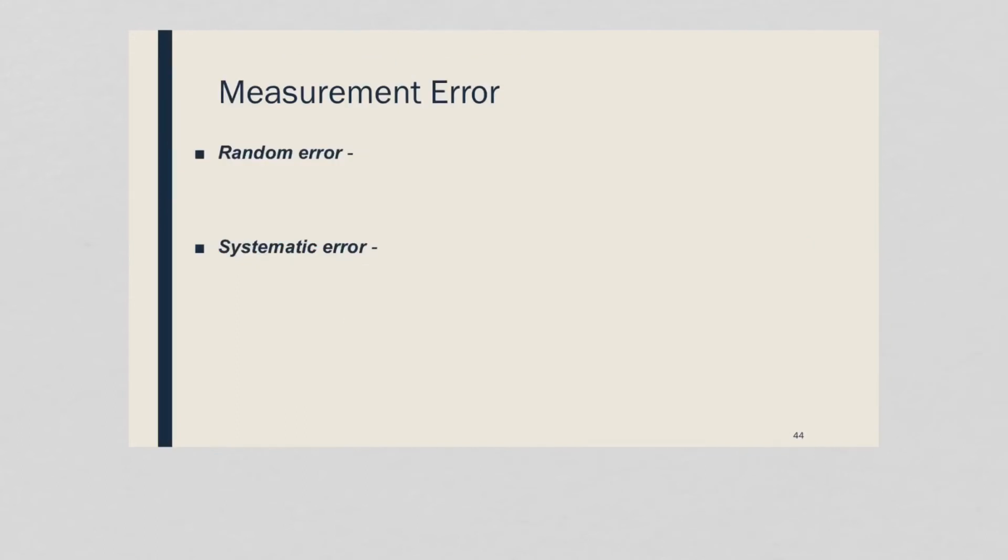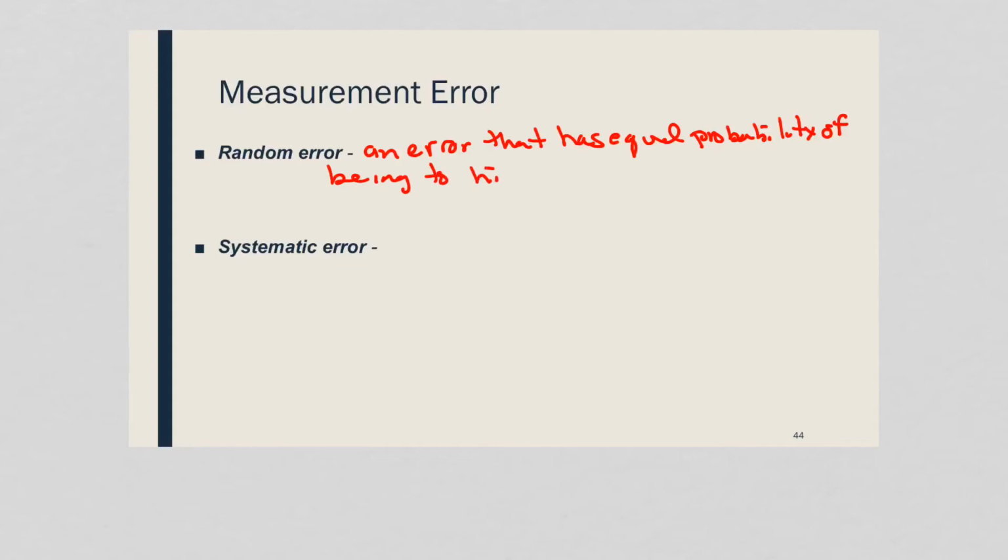So this is being caused by what, we'll flip over to the next slide here, what we refer to as random error. So this is an error that has equal probability of being too high or too low.